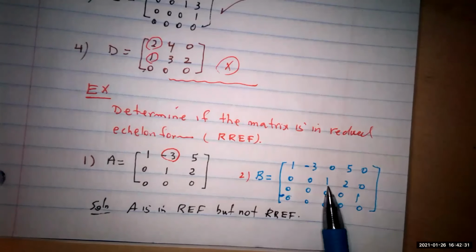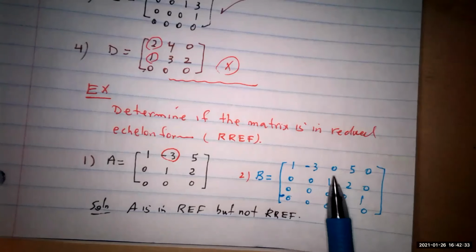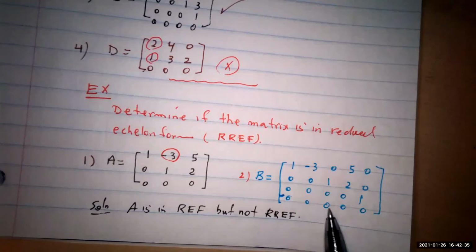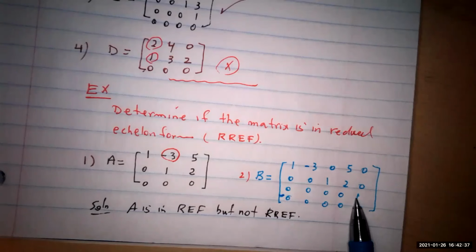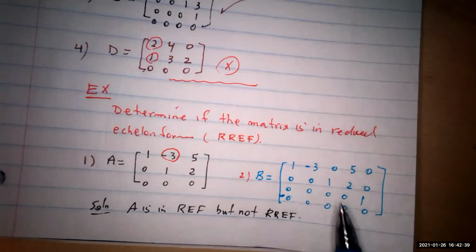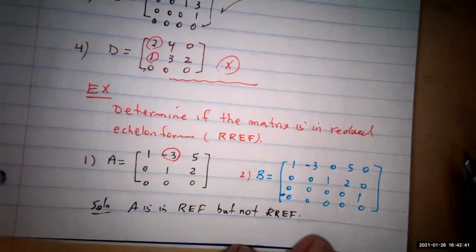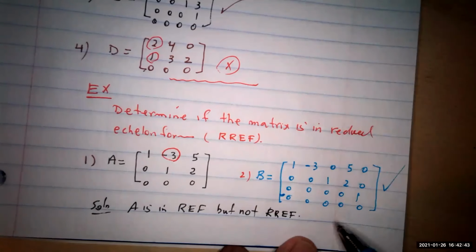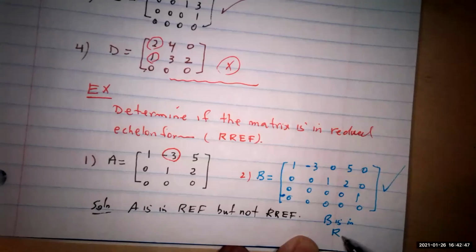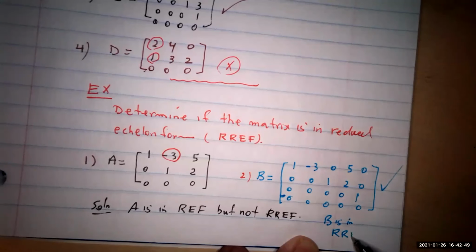This is the leading one, everything else above and below is 0, it's fine. This is the leading one, everything above and below it is 0. So B is, okay, this is it. B is in reduced row echelon form.